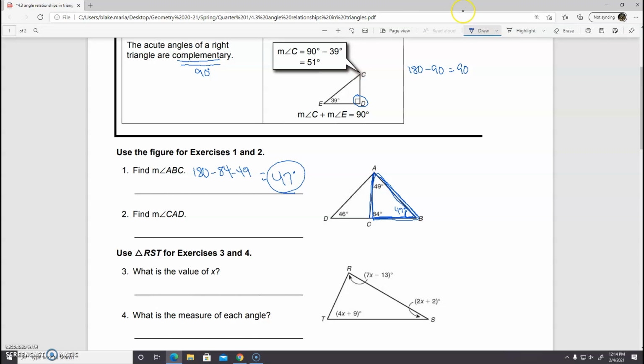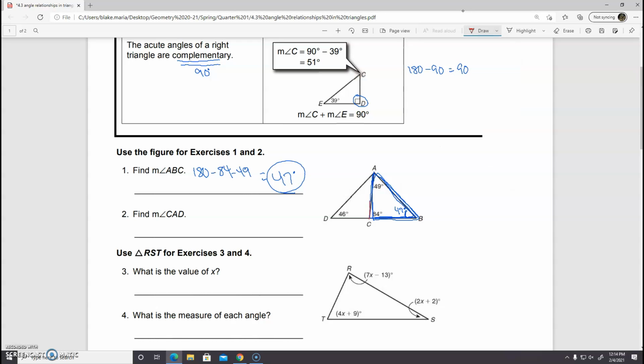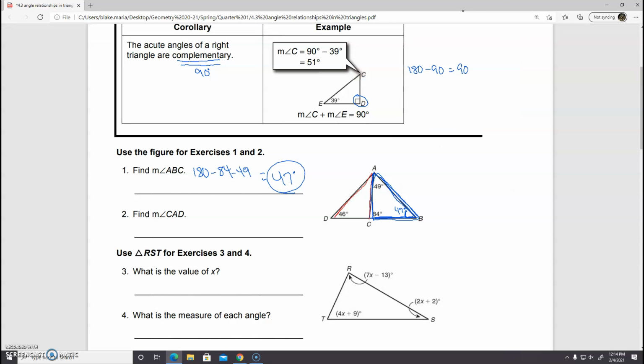Now for the next one, I'm going to go ahead and change color so that way it stands out. We want angle CAD. CAD is this angle hanging out up here. Now notice this is a triangle, but they only give us one angle. So we're probably not going to be able to use this right away. But we can use some other stuff in our picture. We know these two angles right here form a linear pair.